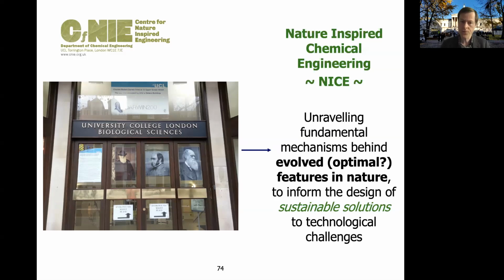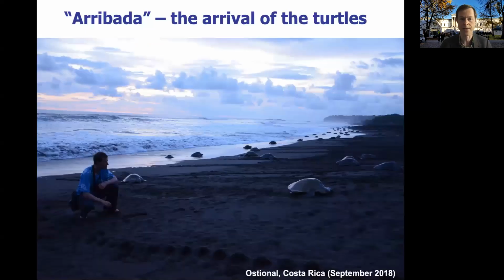But we should also never take a dogmatic approach. Things may not necessarily be optimal. Things continue to evolve, and they may not necessarily be optimal for an engineering application. So to inform the design of sustainable solutions, we can learn so much from nature, but we need to think about the context of society and the environment to be able to implement that. So you have to combine both these visions, right?